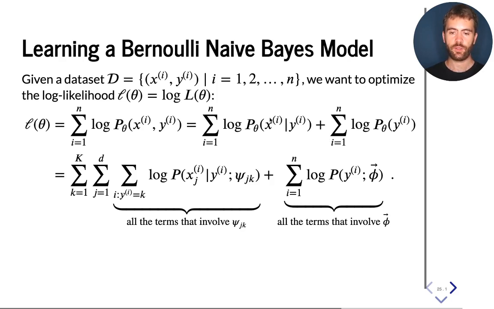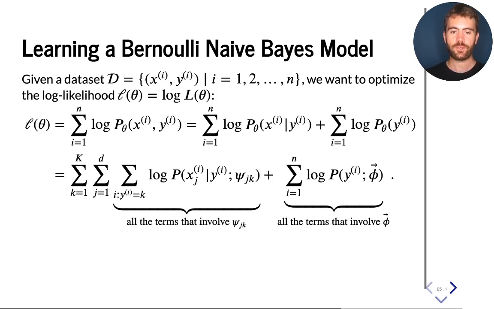And now in the following line, I have kept this term the same, but I'm using a different way of enumerating all the data points. Instead of just enumerating them in the order in which they appear in our training data set, I first enumerate over all the classes, and then I enumerate over all the points that have a particular class K.